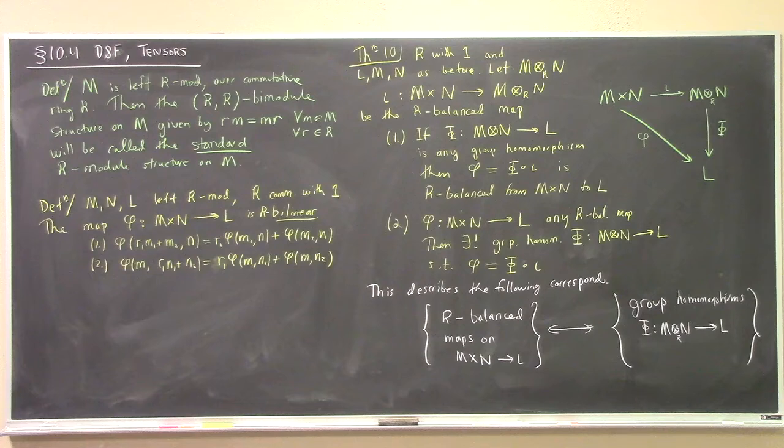In other words, an R bilinear map is a map which is linear in the first and the second slots.